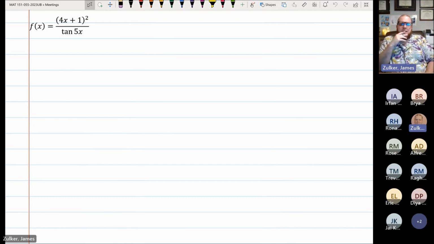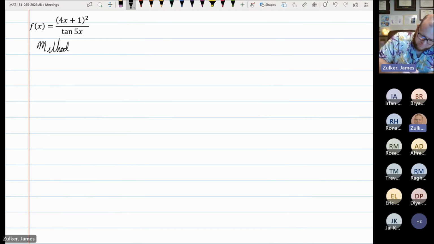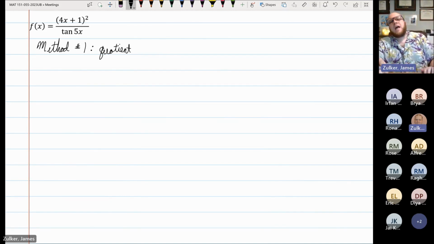There are 2 ways to go about this problem. The most obvious way is to use quotient.